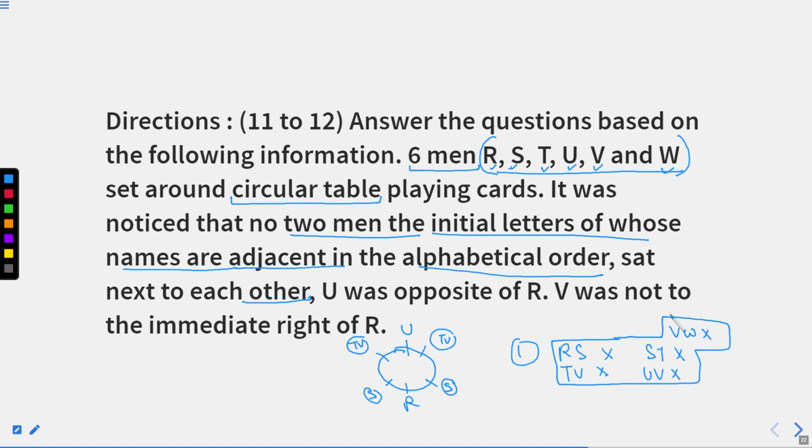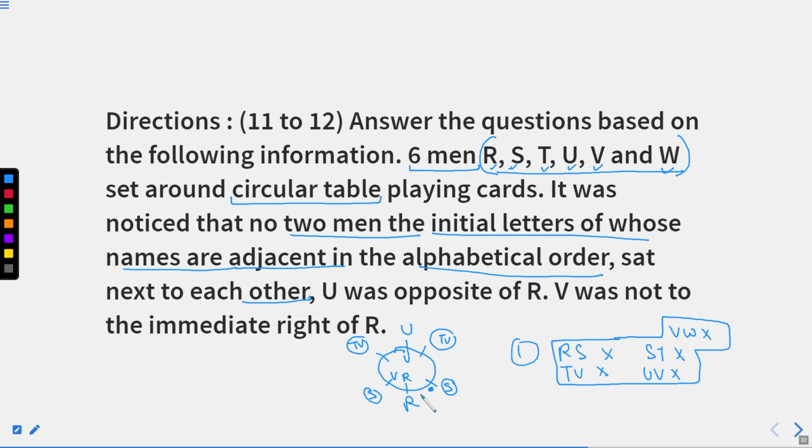V was not to the immediate right of R. If R is here, then R's immediate right is this position, and V was not immediate right to R. So we can place V here. If R is here and U is here, we can place V here. In a similar manner, we can answer all questions.